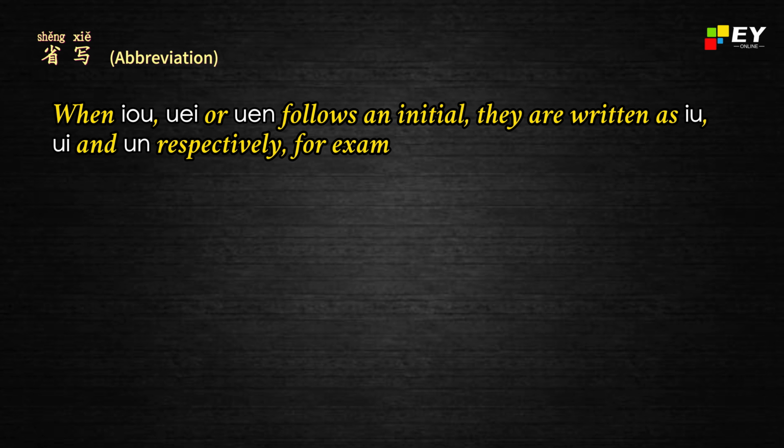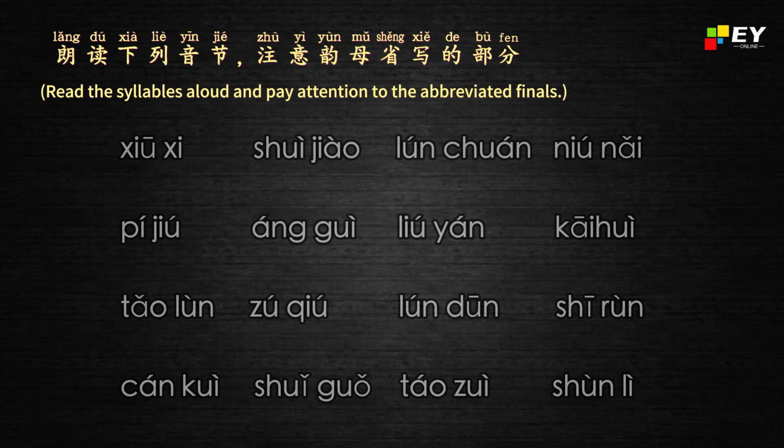Read the syllables aloud and pay attention to the abbreviated finals. 休息, 睡觉, 轮船, 牛奶, 啤酒, 昂贵, 留言, 开会, 讨论, 足球, 伦敦, 湿润, 惭愧, 水果, 陶醉, 顺利.